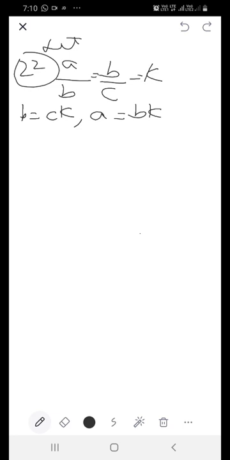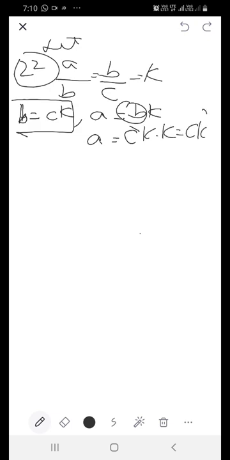Now in continued proportion you see that B is repeated. So for A, I can again change it by putting the value of B as CK in this. Replace this B by CK. It will become CK into K, that is CK square. So for B you are going to write CK and for A you are going to write CK square.